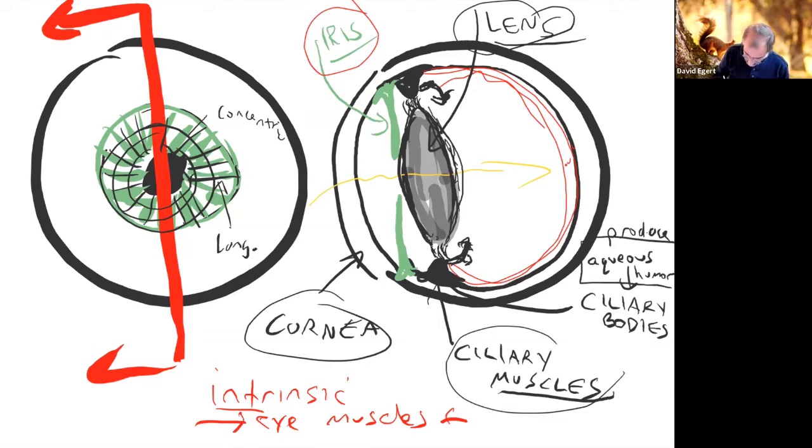So you've got this aqueous humor that's being produced that irrigates all around in here, providing nutrients to the cells of the lens and the cornea. The back of the eyeball is filled with stuff that's more jelly-like that helps it hold its form. So the back here, maybe I'll make it in green.